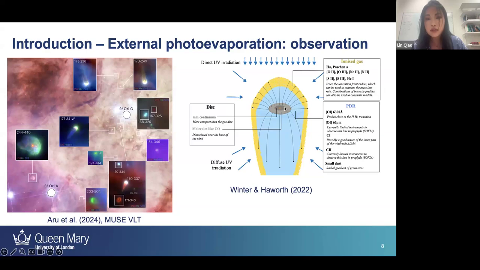The EUV radiation, the ionizing part of the photons, is not able to penetrate all the way to the disk surface. Therefore, it forms this thin layer of ionization front. And on this graph, there are different observational tracers that trace different parts of the disk.